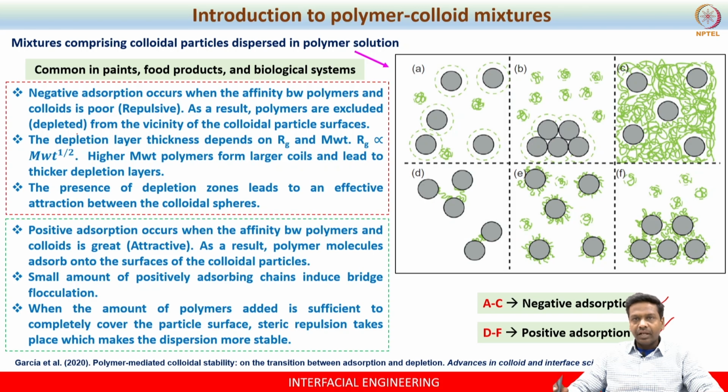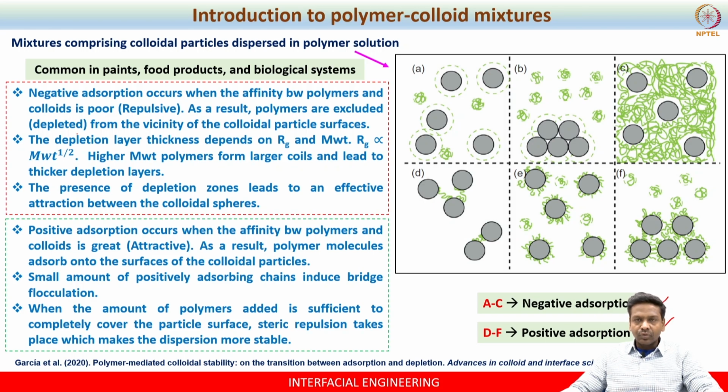Right. So negative adsorption occurs whenever the affinity between the polymer molecule and particle surface is not that great. When it is very poor, you expect the negative adsorption. In such a scenario, polymer molecules will be excluded from the vicinity of the particle surface, which means that they get segregated into a separate phase, because they don't share a great affinity between particle surface and polymer.